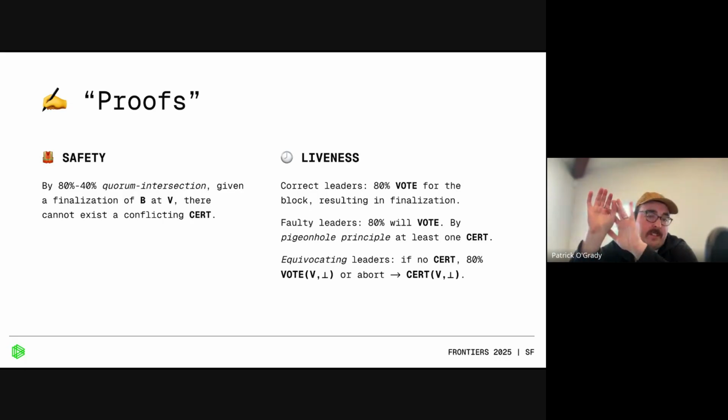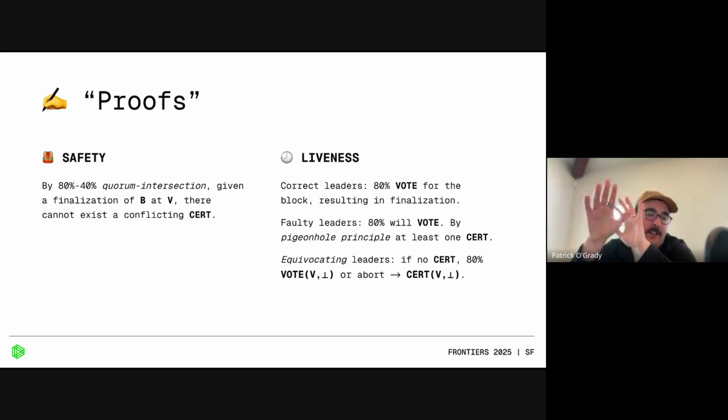And then the liveness claim is that no matter what, we're going to get some 40% certificate, whether that's for a block or a timeout. Eventually, we're going to exit this view. And when people exit the view, we spend enough time in the same view that we can actually notarize and finalize in the next view before a timeout.